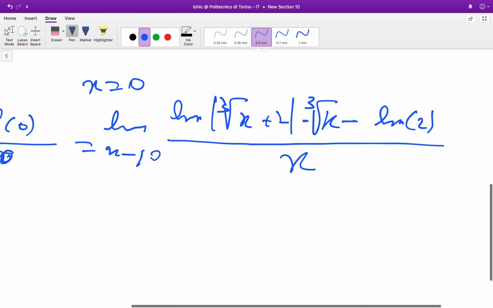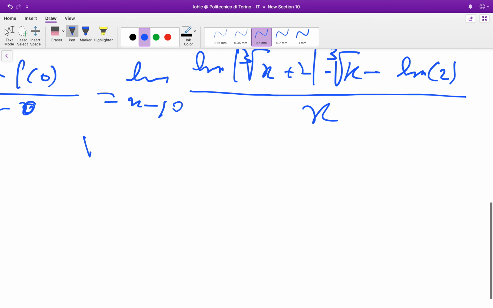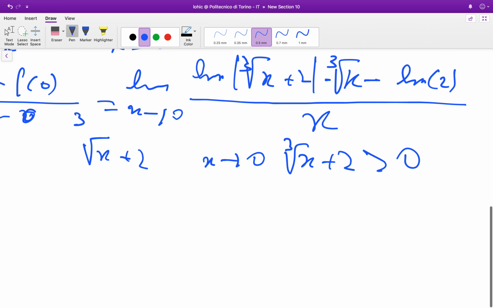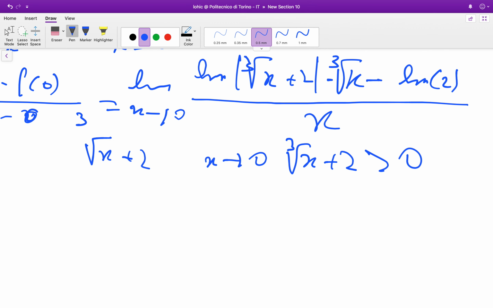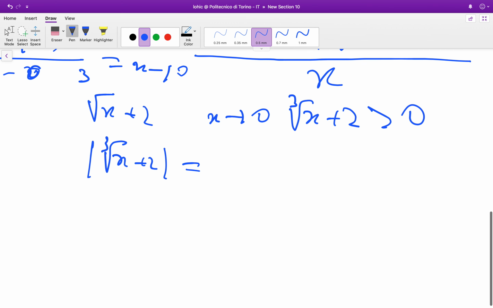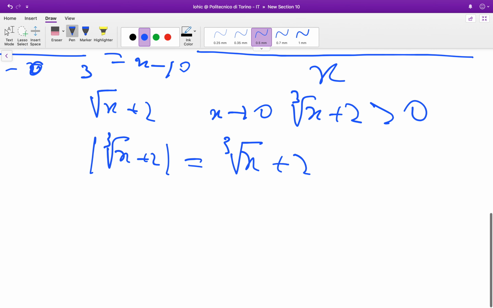Okay, so please note that when I have the cubic root of x plus 2, when x tends to 0, the cubic root of x plus 2 is a positive quantity, because this is 0 and this is 2. It means that the absolute value of the cubic root of x plus 2, as it's a positive quantity, will just be the cubic root of x plus 2, when x tends to 0.